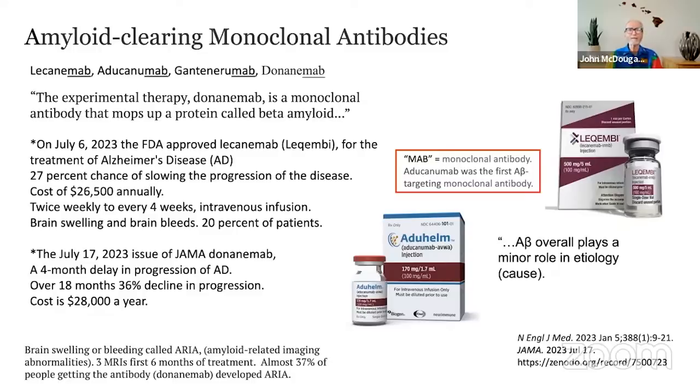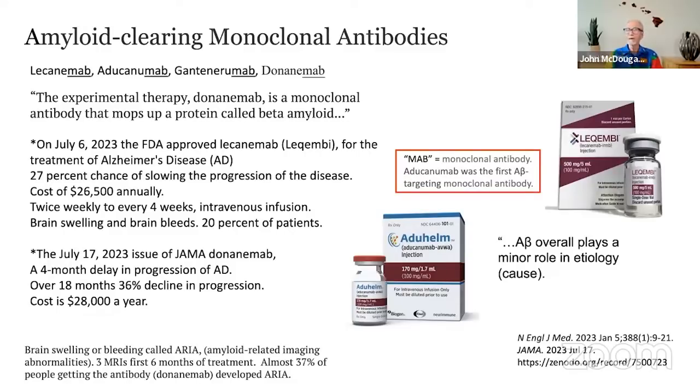But the idea is that they go in and clean up the debris from the damage, that somehow they're going to improve the clinical outcome for the patients. And so they've invented these medications. And as mentioned, the antibodies are to mop up a protein called beta amyloid. Now, I'll show you beta amyloid in a minute, so it won't be confusing.